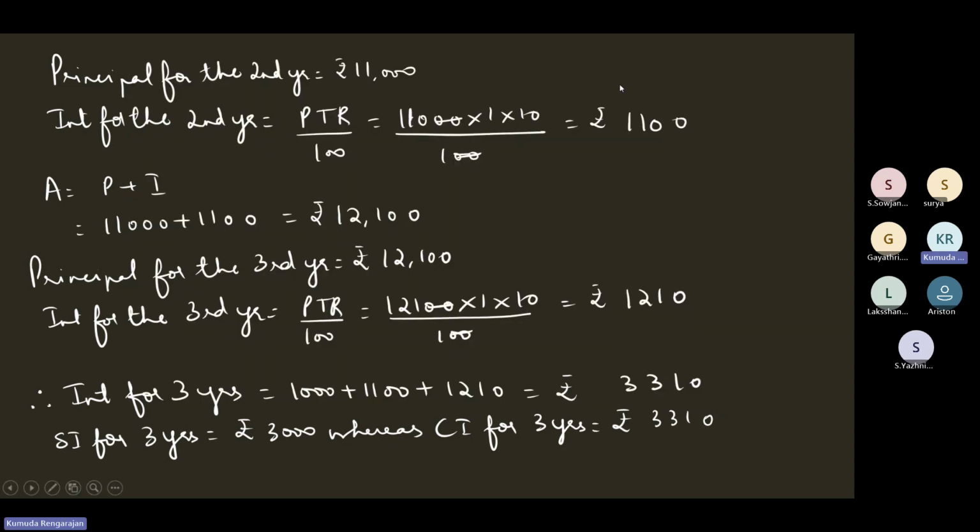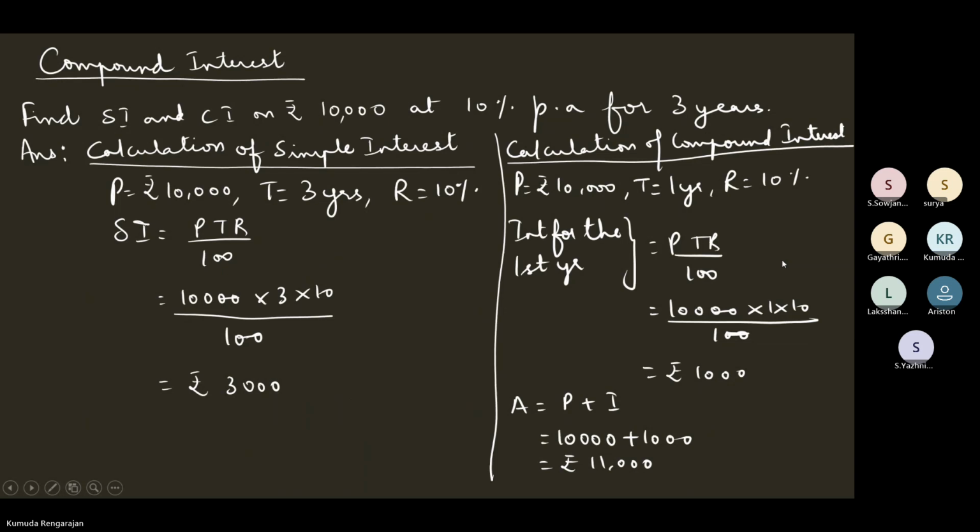Now, let's understand the difference between compound interest and simple interest using this question. Here we have taken the principal value as 10,000, rate 10%, and time period 3 years.